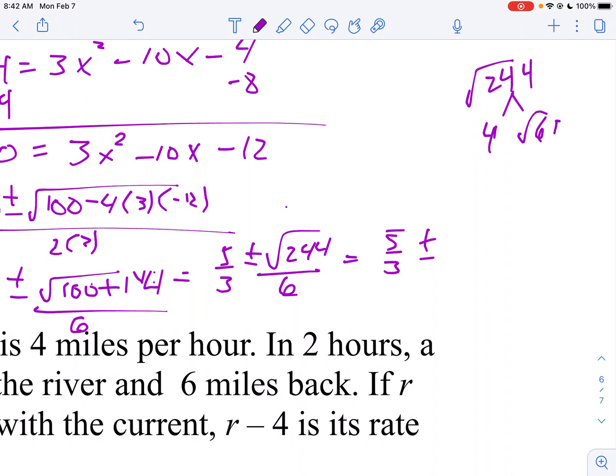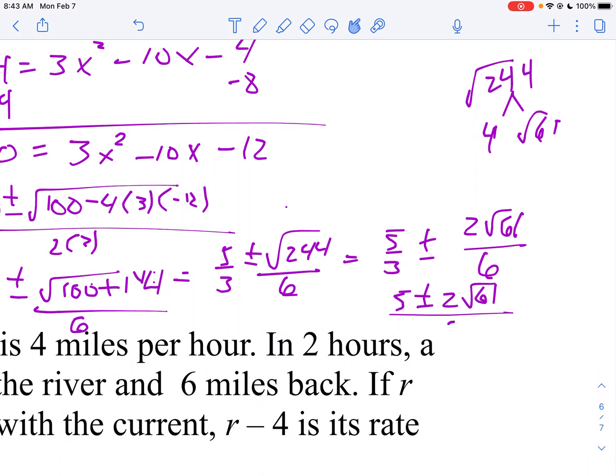So I get 2 square roots of 61 all over 6. So I'll say 5 plus or minus 2 square roots of 61 all over, nope, get rid of that 2, because 2 goes into 6 3 times. That's why I'm going to get a common denominator of 3. There's my answer. Both of which are in our domain.